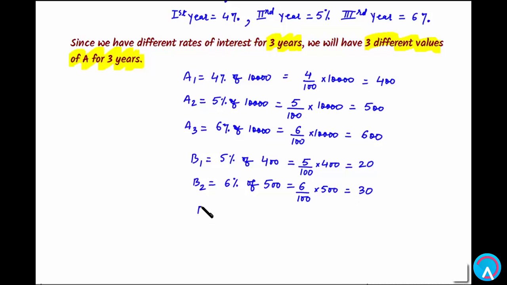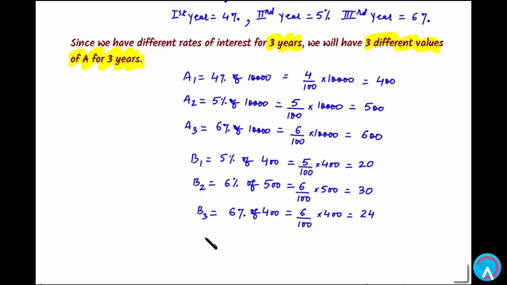And B3 will be equal to 6% of A1, that is 400. So this will be equal to 6 by 100 multiplied with 400, that is equal to 24.